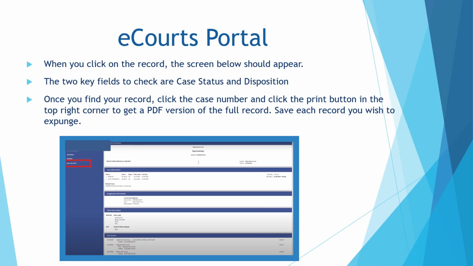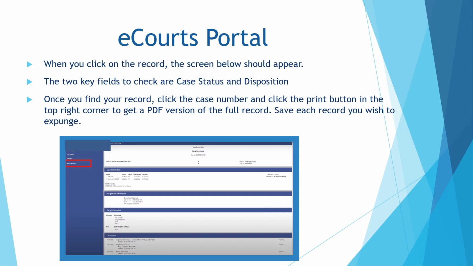Once you click on a record, you should get a screen that looks a little bit like this. This is an individual record. As you can see, there is a case summary at the top with the file number. You can see it's in Wake District Court.